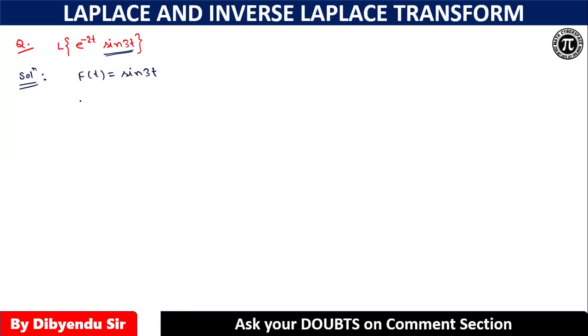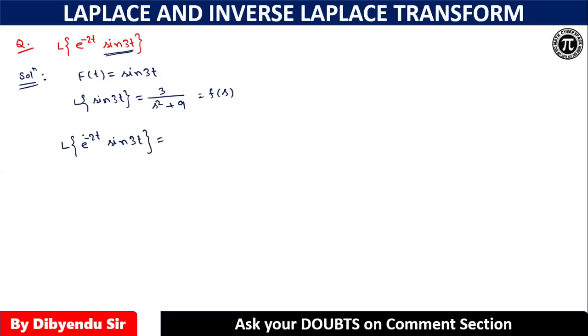Now just simply find Laplace of sine 3t. You know the formula, a by s square plus a square. That means this will be 3 by s square plus 9. So obviously this is your f of s. Now you have to find Laplace of e to the power minus 2t sine 3t.